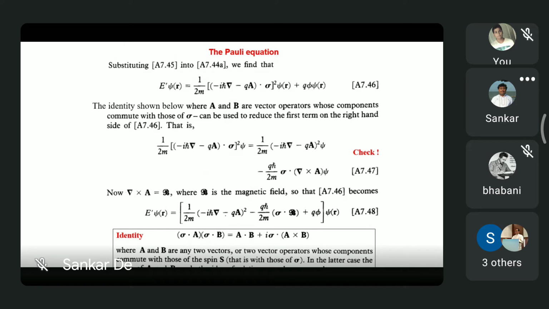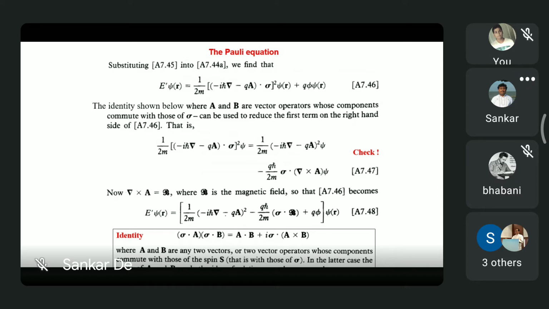So this comes to Pauli's equation, where we tried to solve for E dash, and while solving this we took help of an identity, which is given below. I guess you have all checked. I think Chauhan has sent me a paper where he has solved this identity to get to these equations.